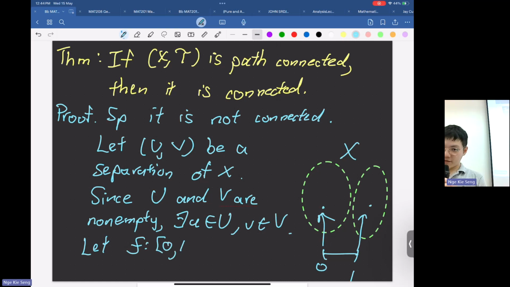Okay, and let's say we have a path f in X connecting u and v, because X is path connected.